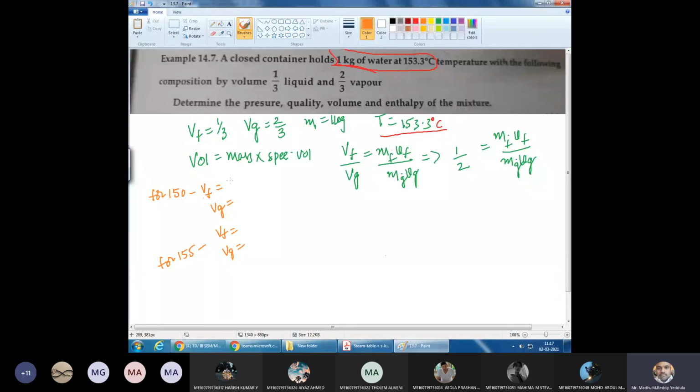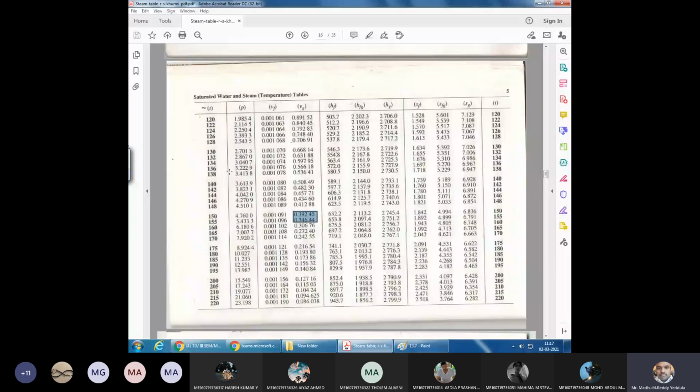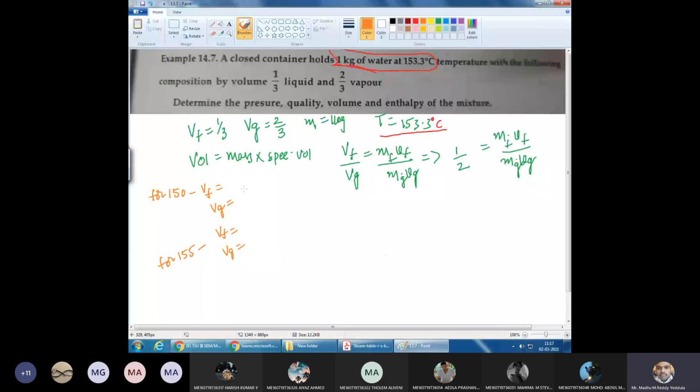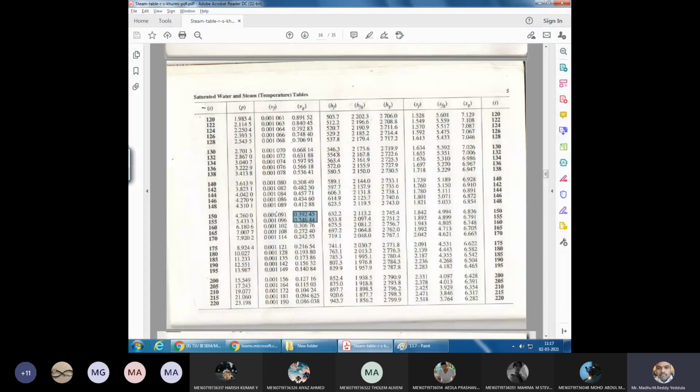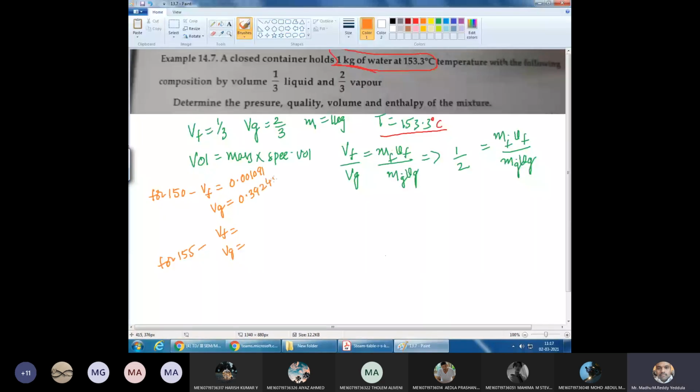If anybody opened earlier, at 150, Vf is equal to 0.001091 meter cube per kg, and Vg value 0.39245. This is corresponding to 150 degrees centigrade.